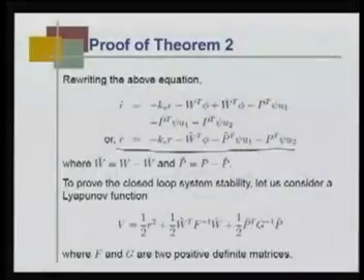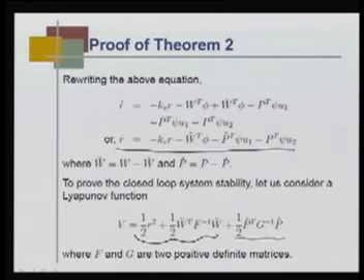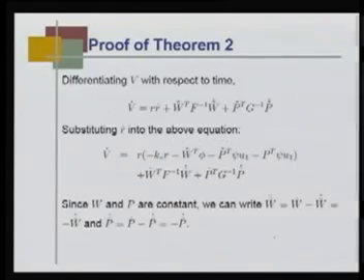To prove the closed loop system stability, let us consider a Lyapunov function of this type, whereas earlier we considered this to be the Lyapunov function. Because we have another unknown g(x), that is added to the Lyapunov function. You take the derivative of the Lyapunov function and you get r r dot plus w tilde transpose F inverse w tilde dot plus p tilde transpose G inverse p tilde dot.